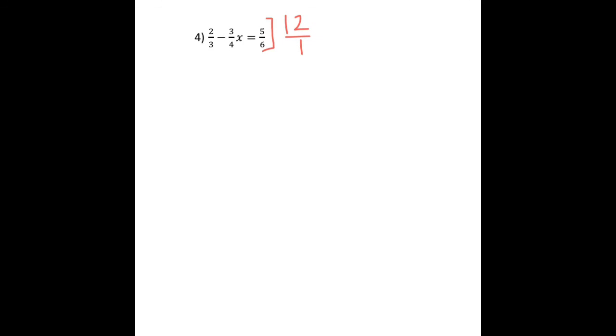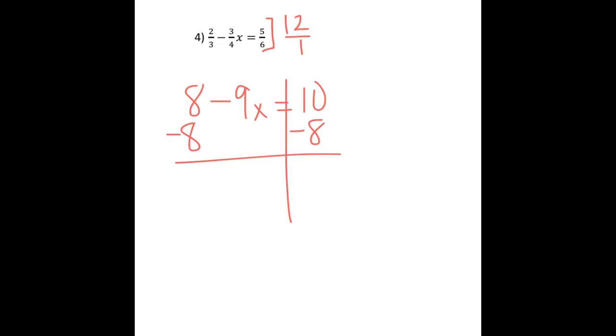All right, 3 will go into 12 4 times. 2 times 4 is 8. 4 will go into 12 3 times. 3 times 3 is 9. 6 will go into 12 2 times. 5 times 2 is 10. I'm going to draw my river, subtract 8 from both sides. Negative 9x equals 2. Divide both sides by negative 9. X equals negative 2 over 9.